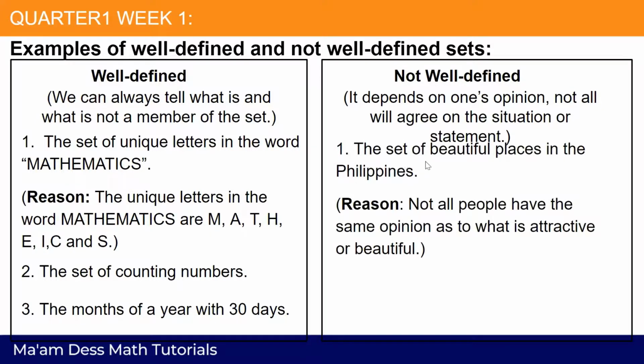So next we have not well-defined. Number 1, the set of beautiful places in the Philippines. So we said it depends on one's opinion. Not all will agree on this situation. So, beautiful places in the Philippines. Not all people have the same opinion as to what is attractive or beautiful.